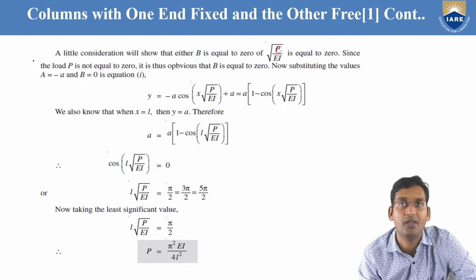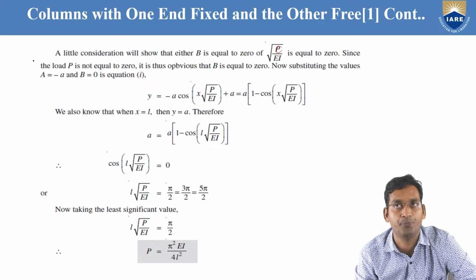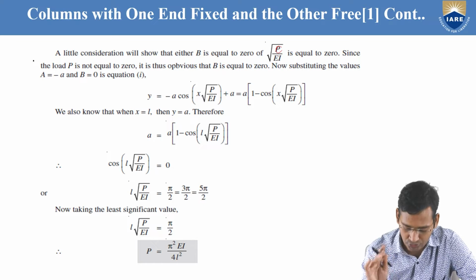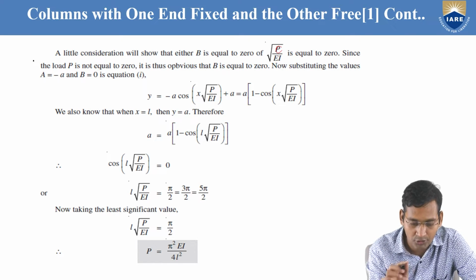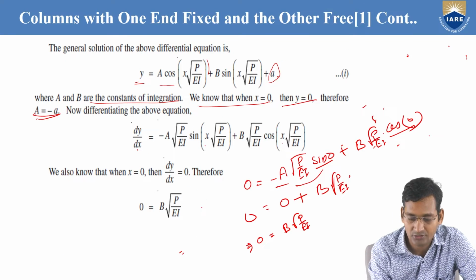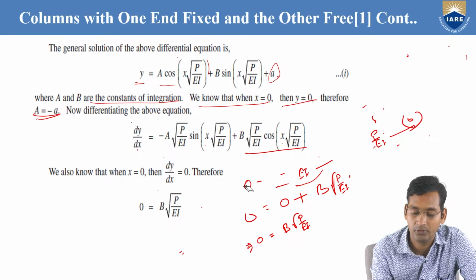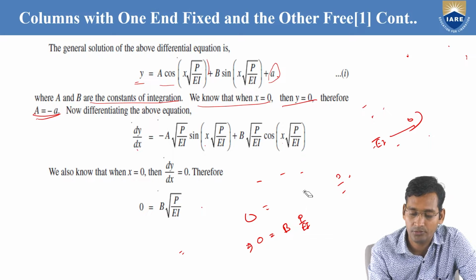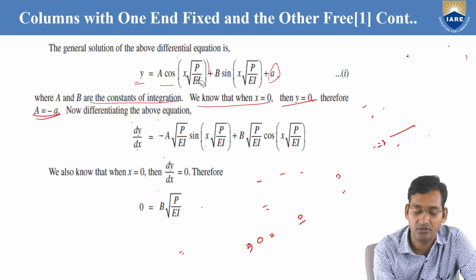So b is 0. Now we have the value of b as 0, so substitute that one. After putting b as 0, this term will be 0.